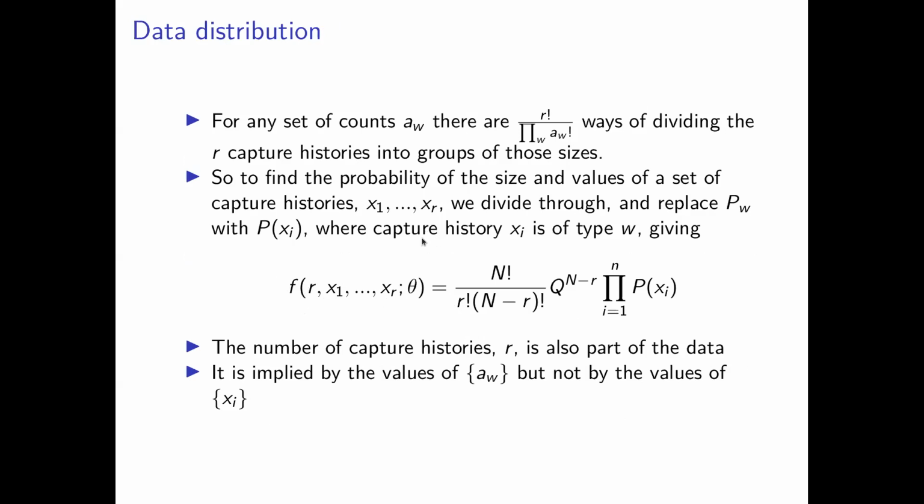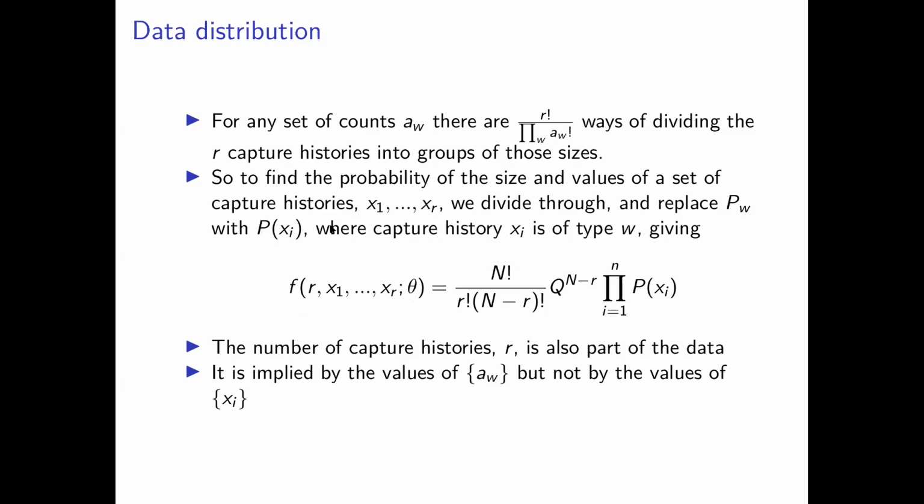And I've changed the notation a bit here. I think I'm explaining that in the next slide. But theta is now the set of capture probabilities. And I think I should also have n here as well, because n is the other parameter. And I've also replaced p sub w with p of xi.